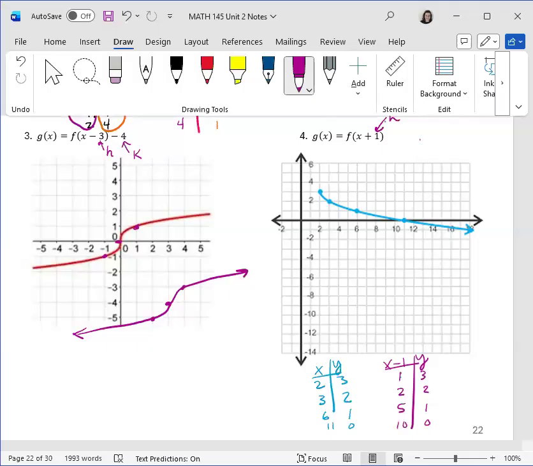Plotting those points, 1, 3, 2, 2, 5, 1, and 10, 0. We see that all that happened is that graph shifted left 1 unit. Shape of the graph did not change.